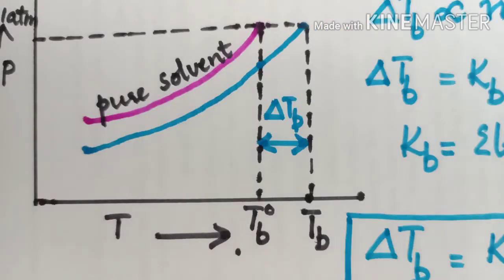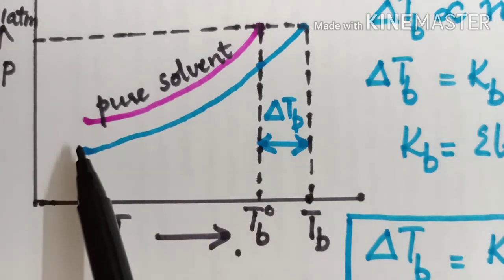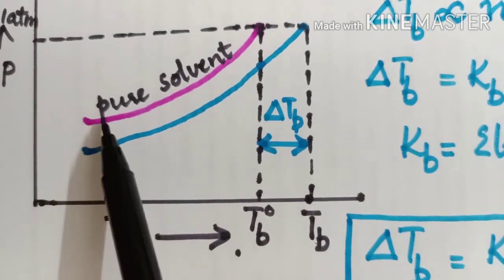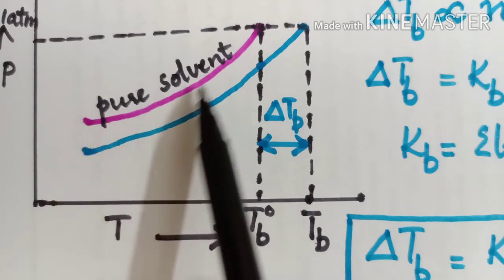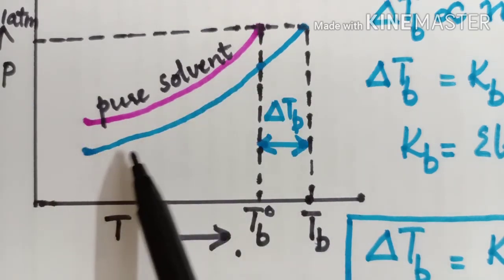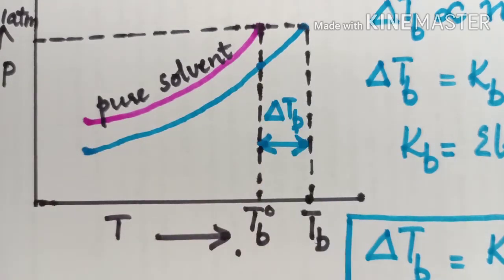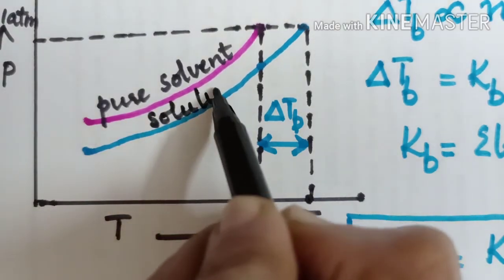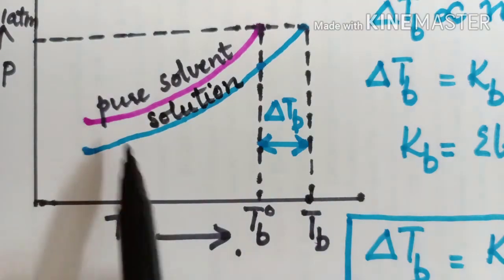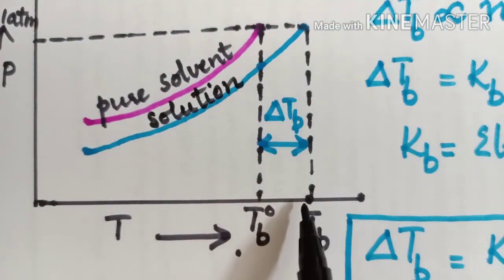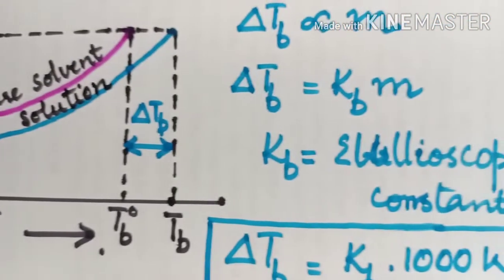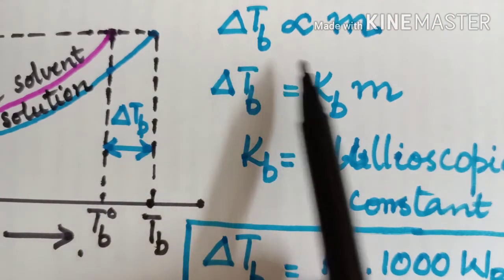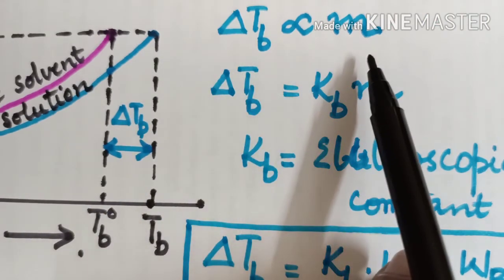Have a closer look at the diagram. Here you find that the vapor pressure of the pure solvent is always greater than that of the corresponding solution where we have added a non-volatile solute. So you find that the change in boiling point is given as delta TB is proportional to molality.